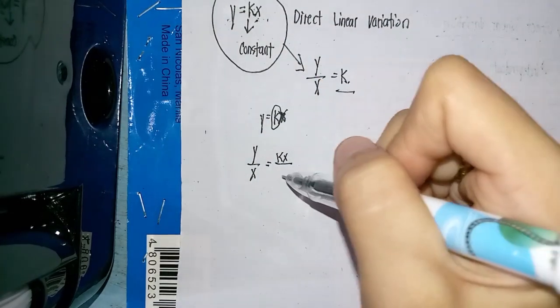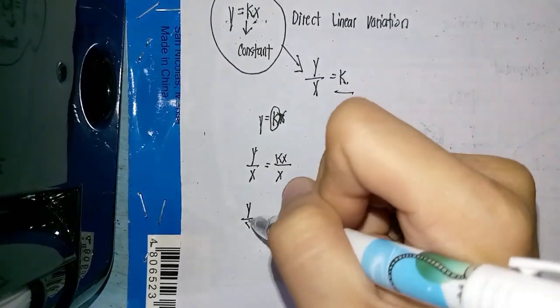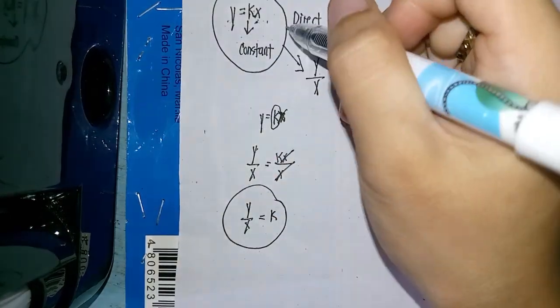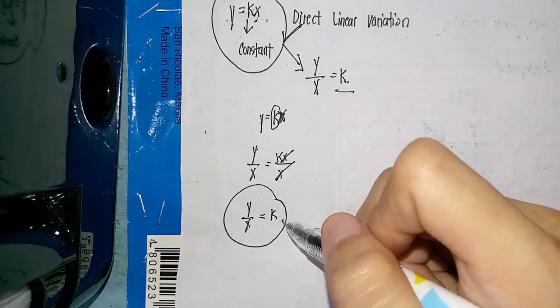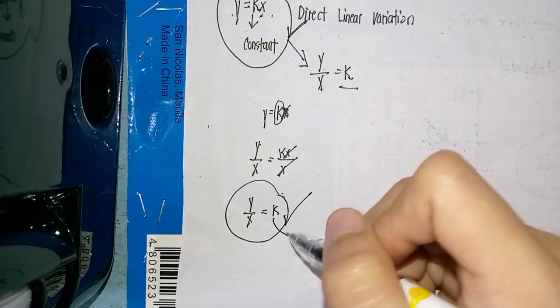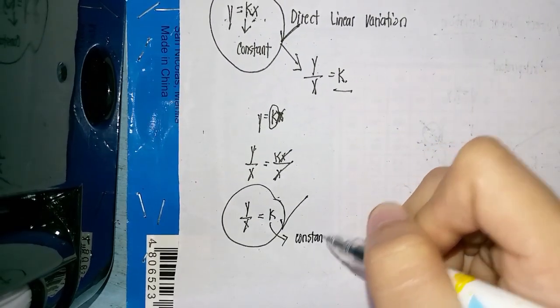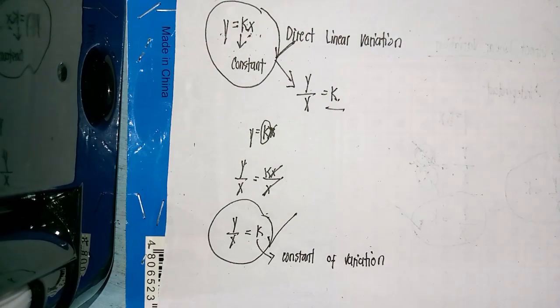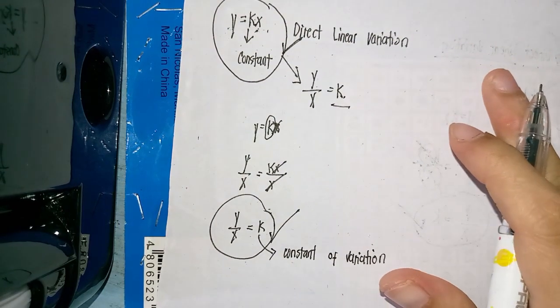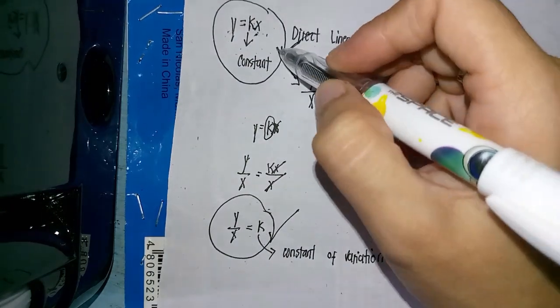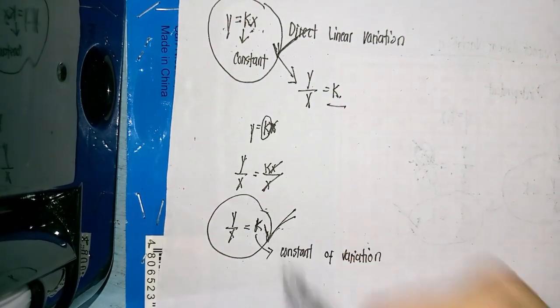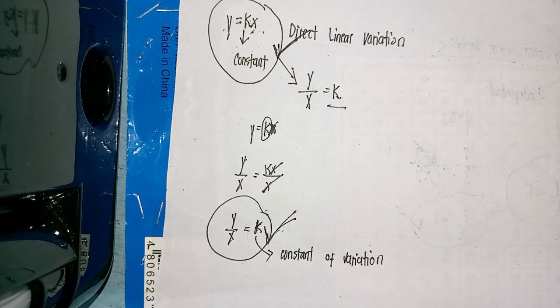Kx divided by x, so on the left it is y over x, and on the right, x divided by x is 1, leaving k. So it is the same, and we can use this in finding k, the constant of variation. They give the same answer. So just in case you are confused about which to use, either works. As long as you are finding the value of k, this is still accurate and correct, whichever you use.